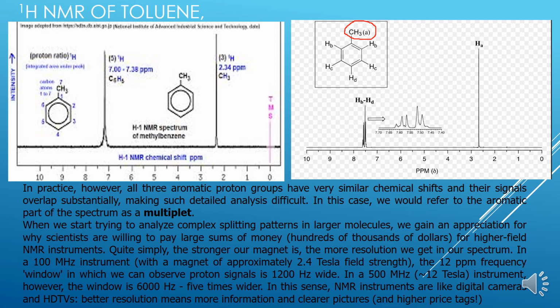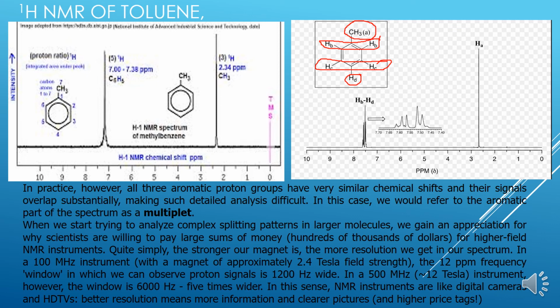As far as the aromatic protons are concerned, carbon numbers 2 and 6 are equivalent, and 3 and 5 are also equivalent, and carbon 4 is another environment. In the benzene ring itself, three different types of protons are there.